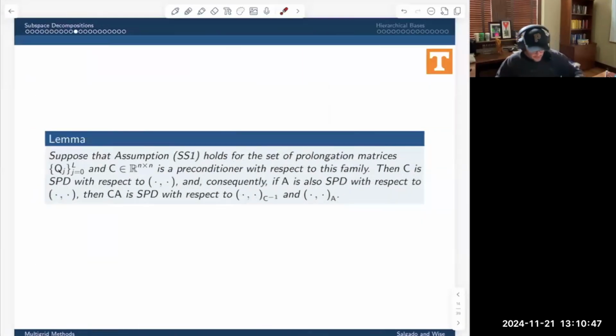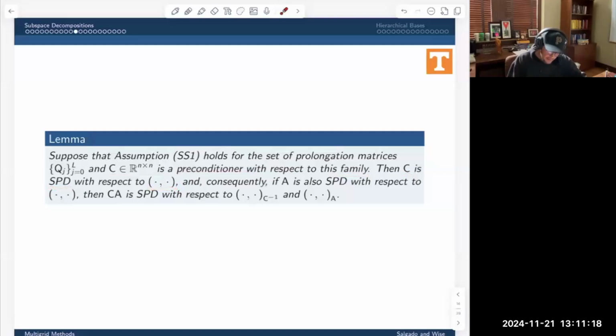All right, suppose that assumption SS1 holds, that the Q_L matrices, these prolongation matrices, support a subspace decomposition of R^n. And suppose that C is an additive preconditioner with respect to this family. Then this C matrix is actually SPD with respect to the standard Euclidean inner product on R^n.